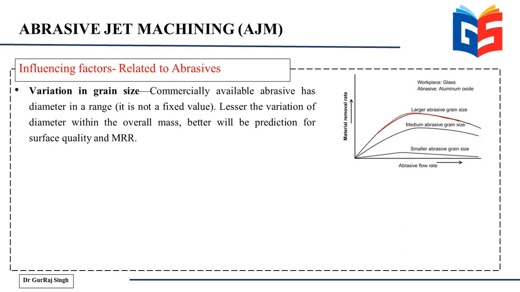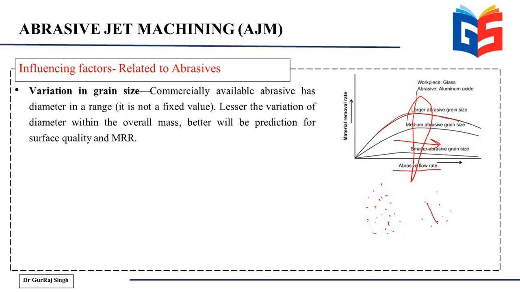But again, you can see that the material removal rate does not increase consistently with the abrasive flow rate, because as the abrasive flow rate increases beyond a certain value, beyond this area here, as it goes to the right, the density of the abrasives is going to increase beyond a certain level as compared to this low density flow.